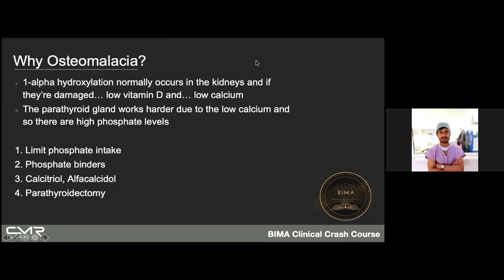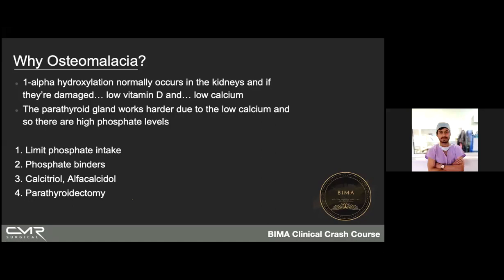Why the osteomalacia or the osteoporosis? This is because of 1-alpha hydroxylation usually occurring in the kidneys, and if they're damaged, naturally you would have low vitamin D. And if you have low vitamin D, it goes hand in hand that you'd have low calcium. And if you've got the low calcium, then your body would try and compensate in such a way that it would try to increase it.